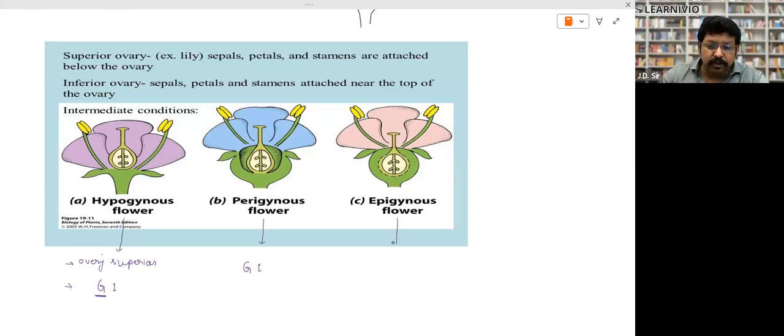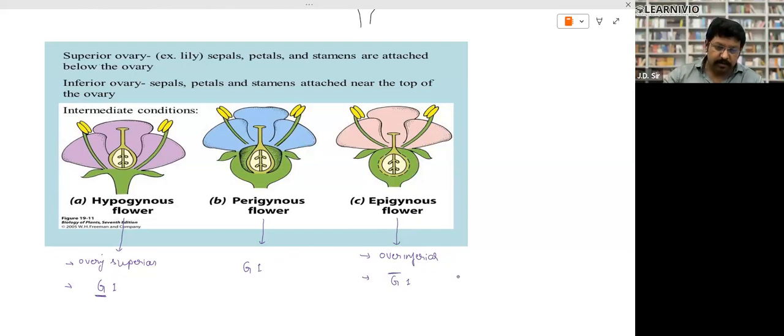In the epigynous situation, the ovary is below all the petals, sepals, and stamens. This is called the ovary inferior situation. Ovary inferior means the ovary is inferior, and I will write it down as G1 with the line above, that is the ovary inferior situation. Is that clear or not?